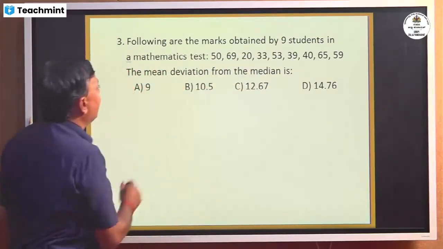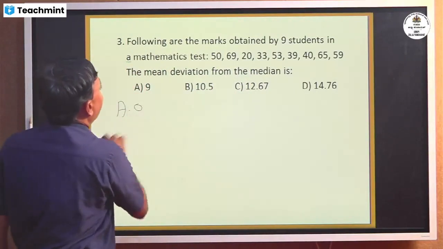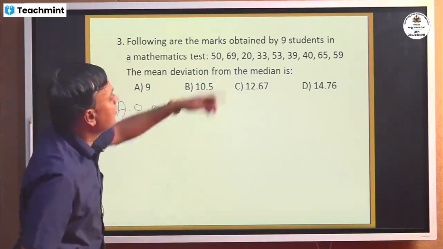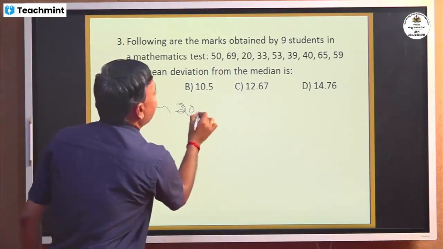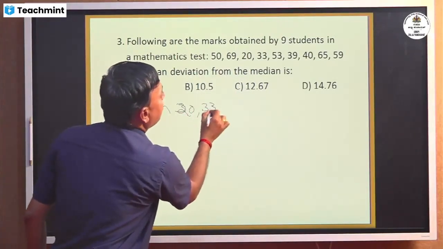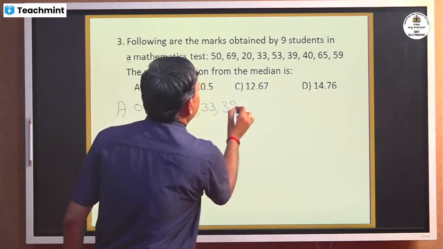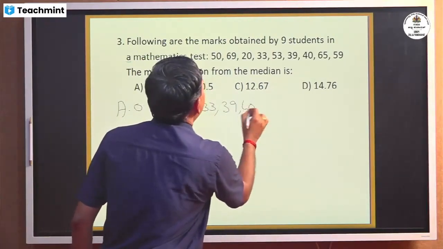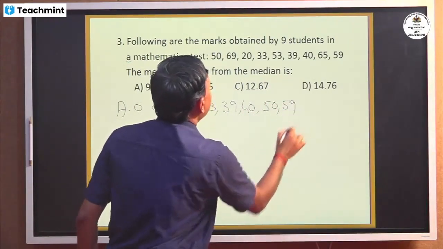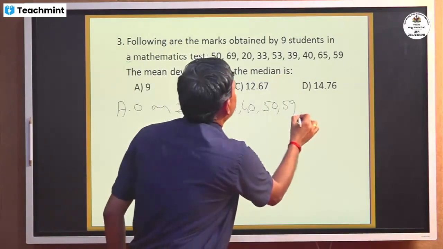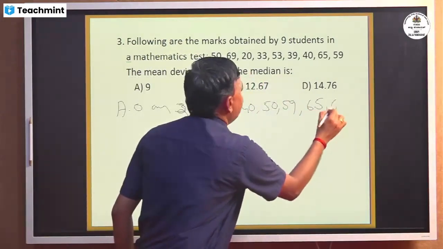So the data in ascending order are: the least one is 20, correct, 20, and then 33, next 39, 40, then 50, 59, next 65 and 69.